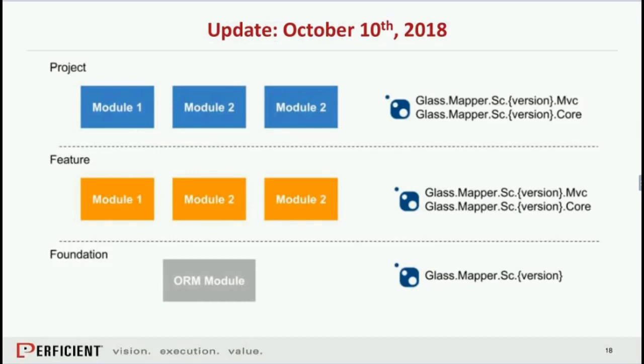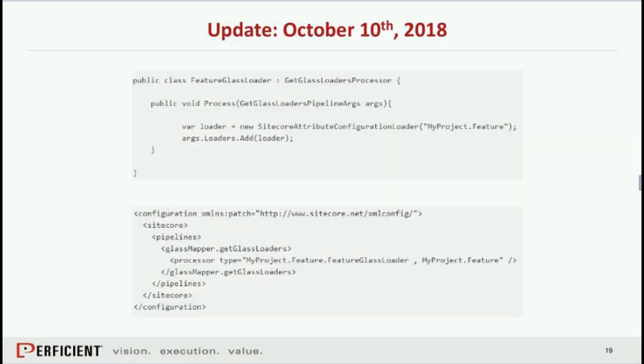So if you're working with MVC and you need access to MVC context, then install Glass.Mapper.Sc.Mvc in that project. As mentioned before, any custom configuration you need to add needs to be added to the GlassMapperScCustom.cs file, which lives in the foundation layer.